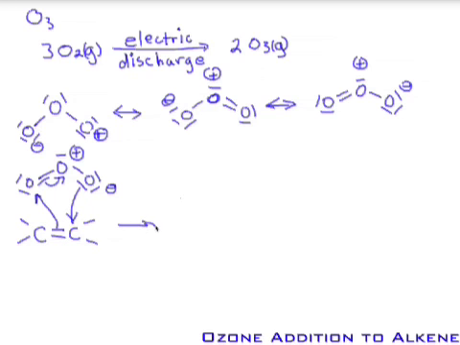I can get the ozone bridging what was a pi bond. This is referred to as a molozonide functional group.